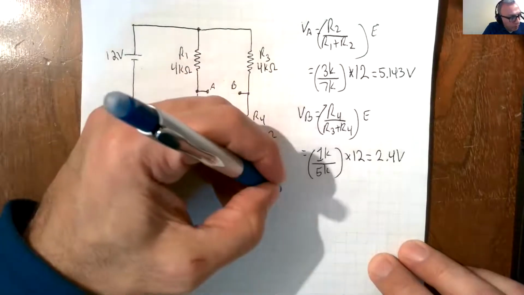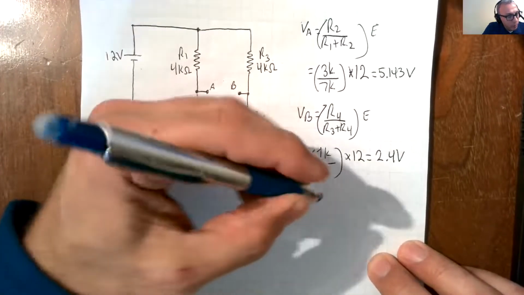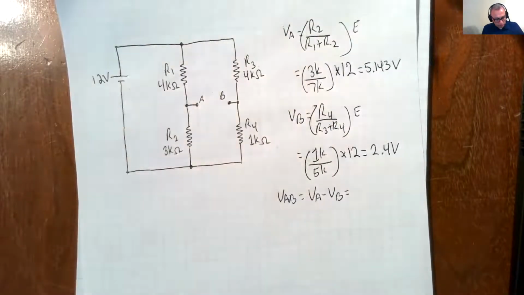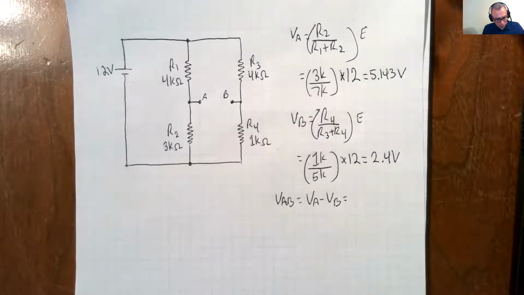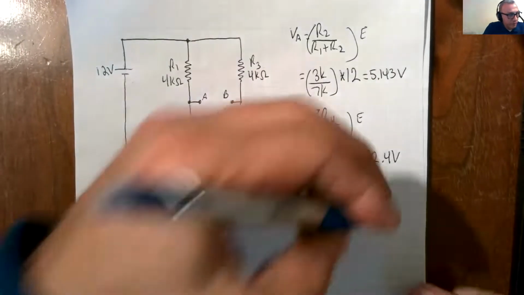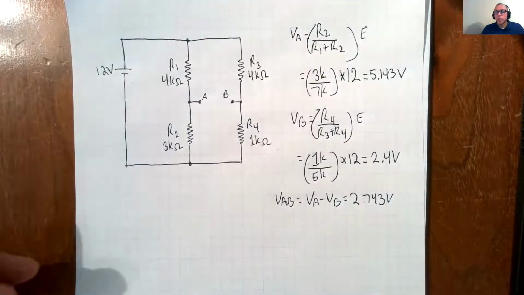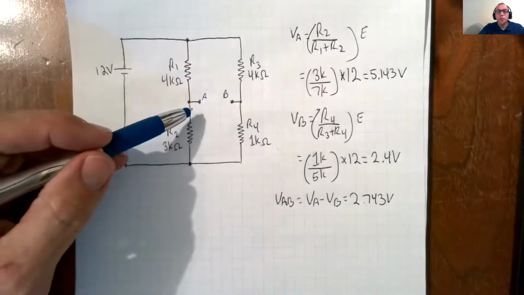And then we told you earlier that VAB is equal to VA minus VB, which works out to 5.143 minus 2.4. So we get 2.743 volts. So that is how we calculate what ends up there.